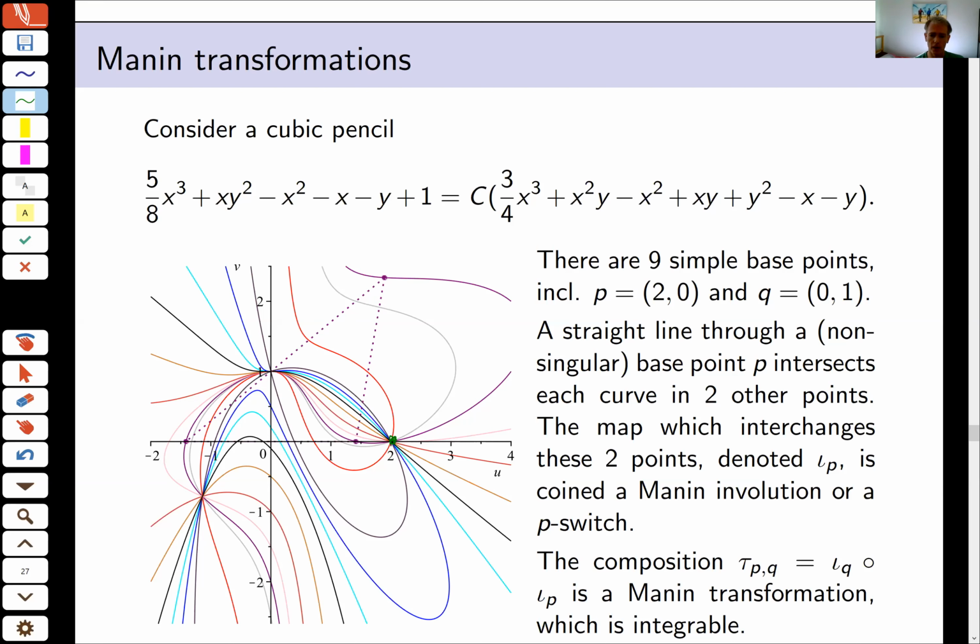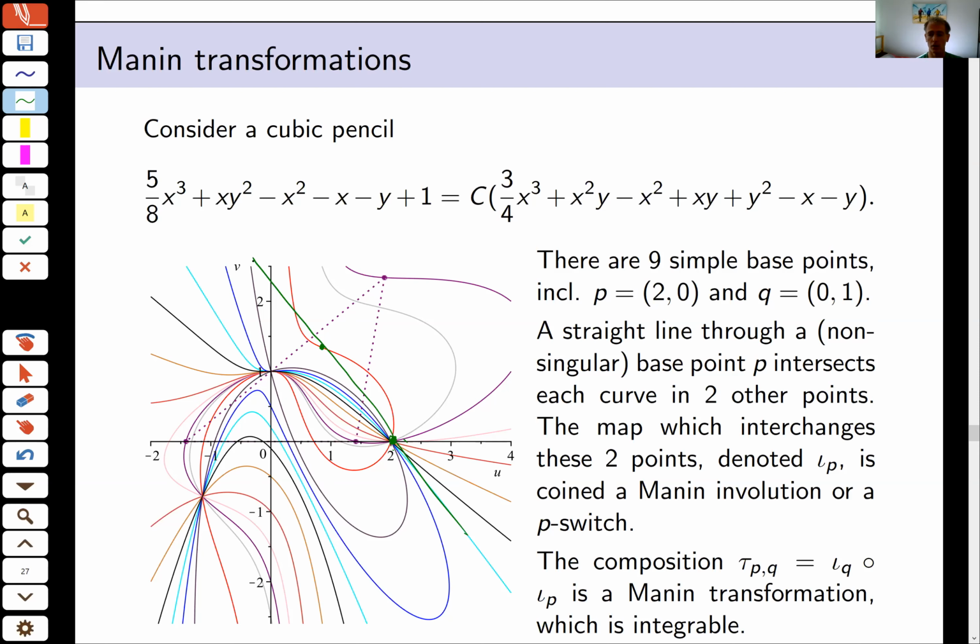And we now define an involution by saying, okay, well, take a point in the plane. What are we going to take as the image of that point? Well, take the straight line through that base point and through the point that you took, and then look at the other intersection of that straight line with the curve that the point is on.